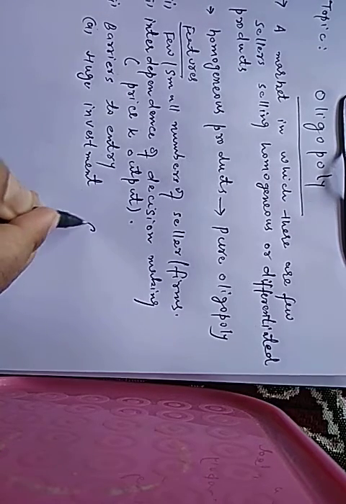For example, production of car needs money in crores, money in billions. Therefore, everyone cannot make investment of huge amount.